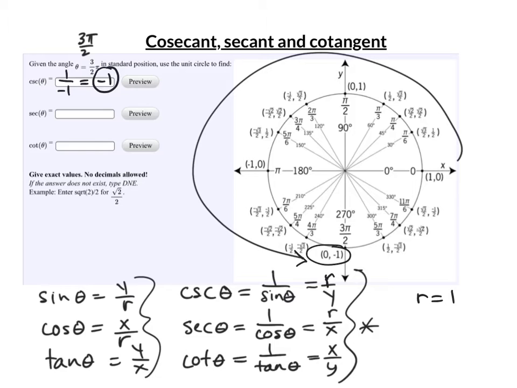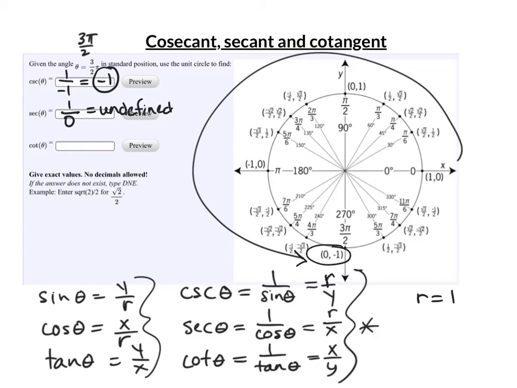For our next one, we're doing the secant of theta. Secant is r over x, so our r is always 1, so it's 1 over, and our x is 0. Well, we all know that you can't divide by 0. This is undefined.